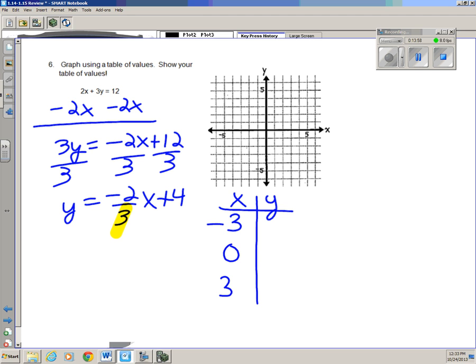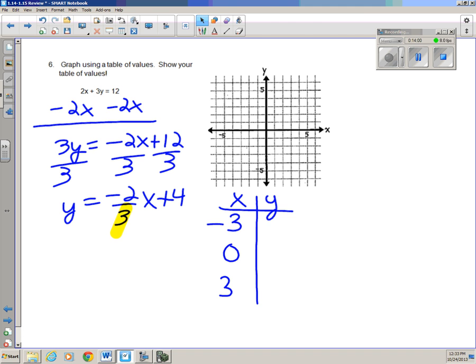I saw that negative 3 came out to be a 6, 0 came out to be a 4, and 3 came out to be a 2. You could have totally plugged in those numbers on your own, multiplied the x times the 2 and the y times the 3, and gotten those answers.